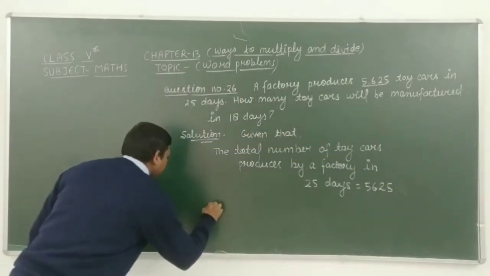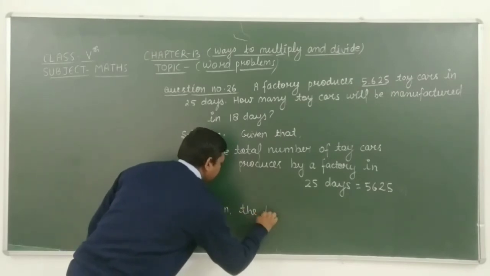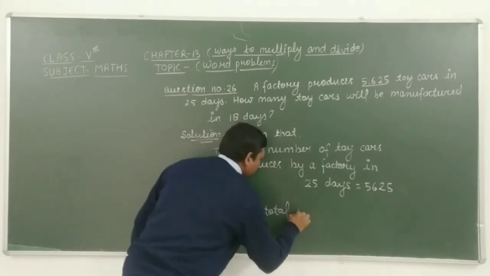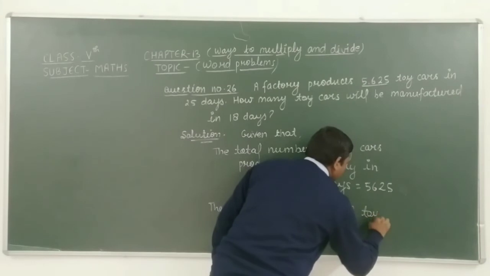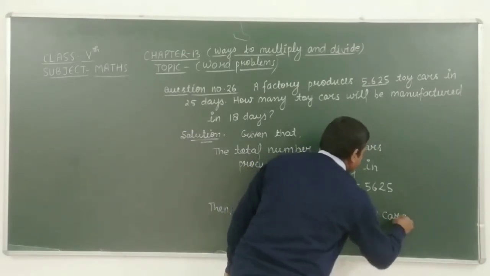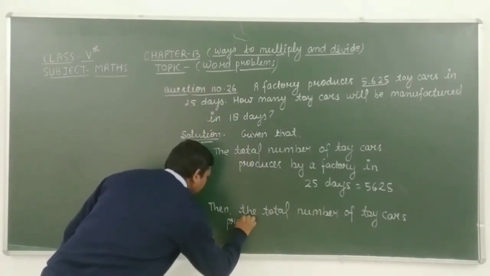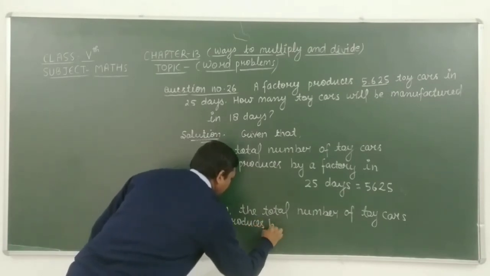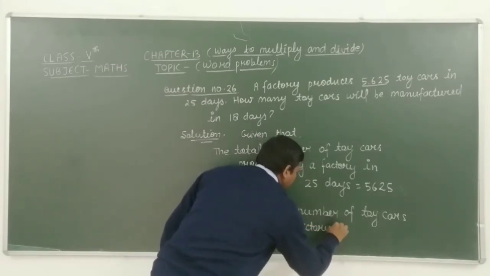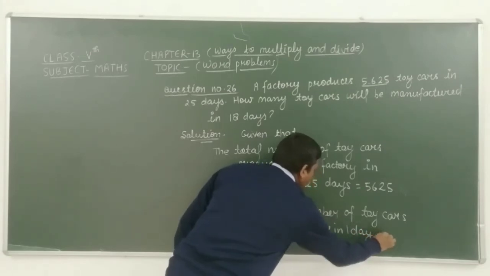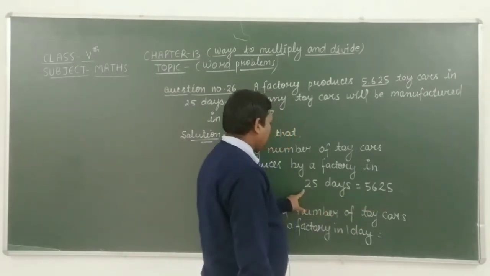Then the total number of toy cars produced by a factory in one day is equal to the division of 5625 by 25.